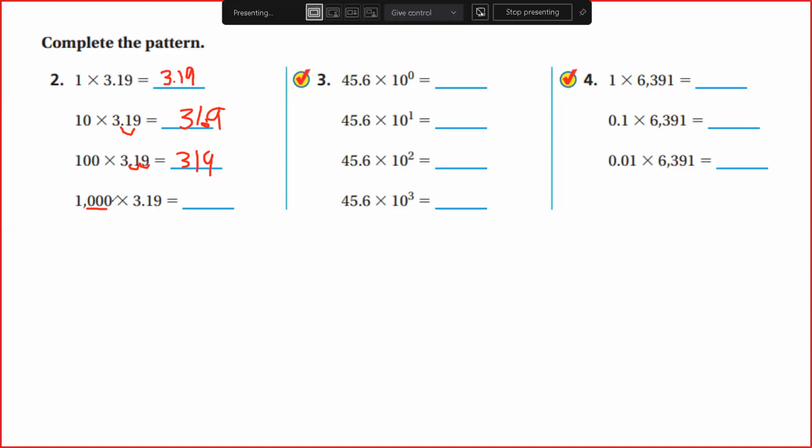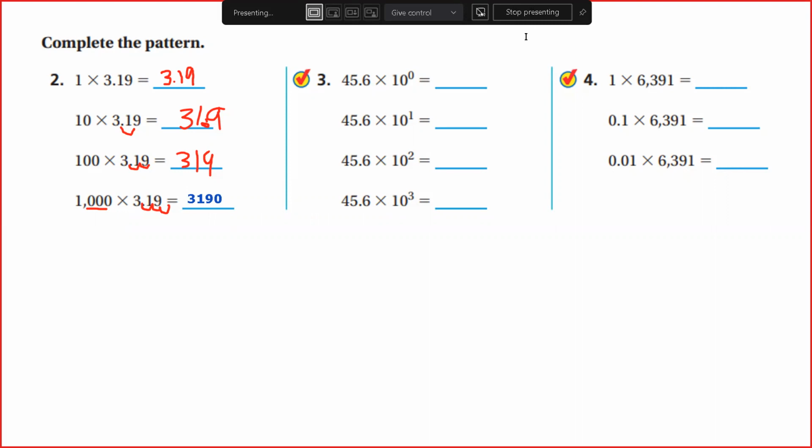How many zeros do you have, Haneen? 3. So how many digits should you move it? 3 digits. So what will the number be? It will be 3190. Thank you.